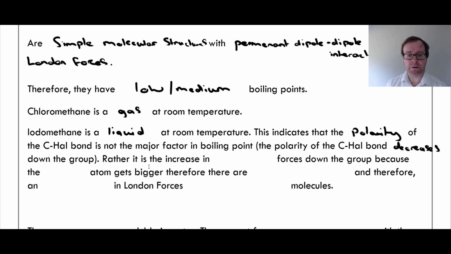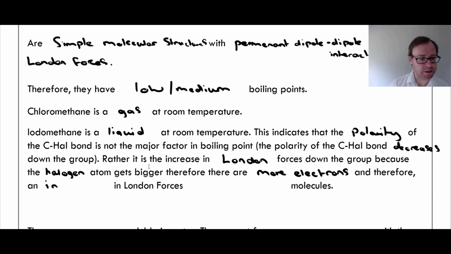Rather, it is the increase in London forces down the group, because the halogen atom gets bigger and therefore there are more electrons, and therefore an increase in London forces between the molecules. As the halogen atom gets bigger, we have more London forces and therefore stronger intermolecular forces, so it requires more energy to overcome.